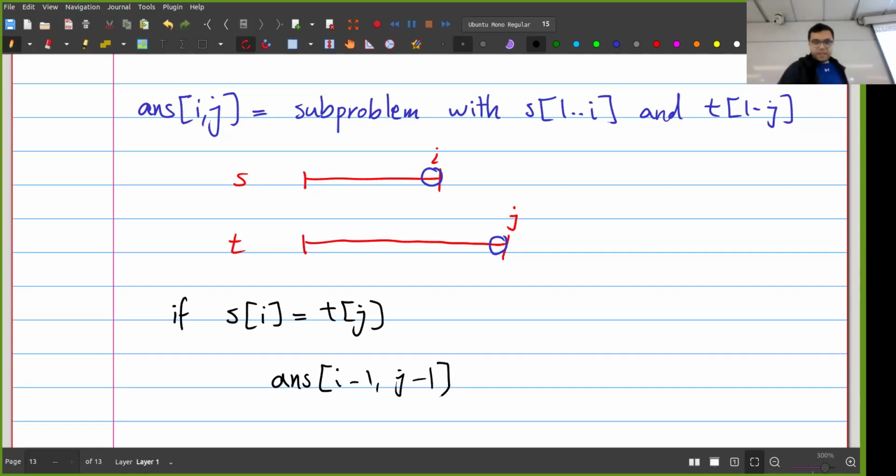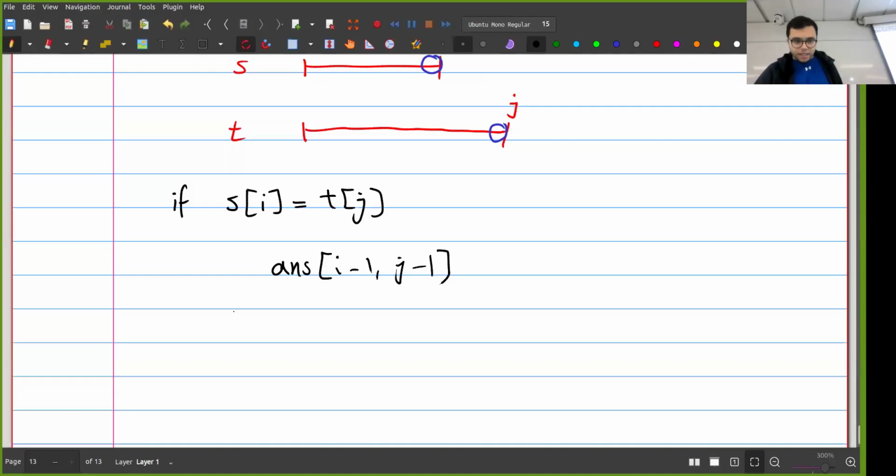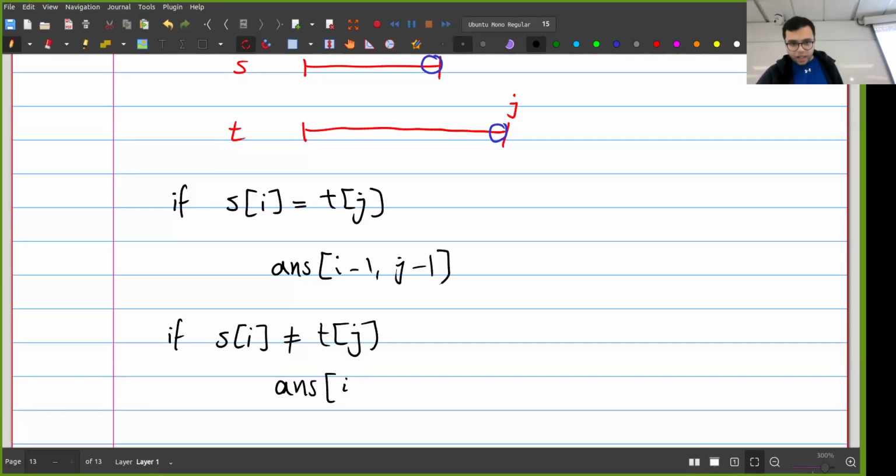So if Si is not equal to Tj, what do I have? I can basically look at the answer for the I letters of S and J minus 1 letters of T, but I need a +1 because I did an insertion in S, that's one operation.